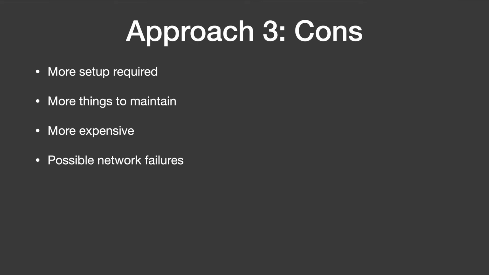And in terms of expensive, S3 has its own cost. You have to pay for it, so that adds on to your expenses. And there can be possible network failures when you're trying to upload a photo to S3 or get a photo from S3. Because unlike your local machine, this time you are trying to set things or get things from across the network, which can always fail.